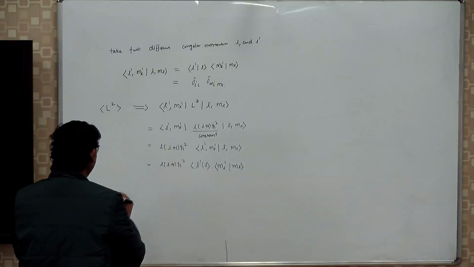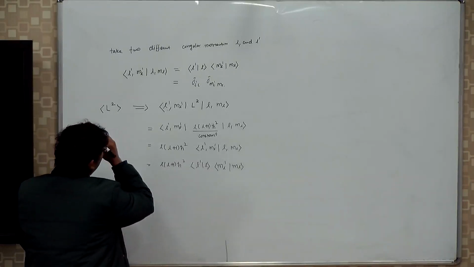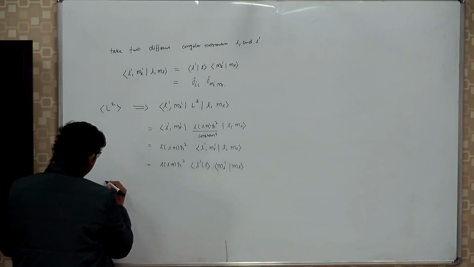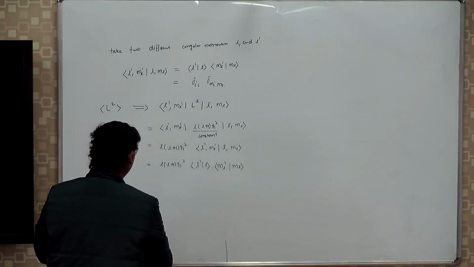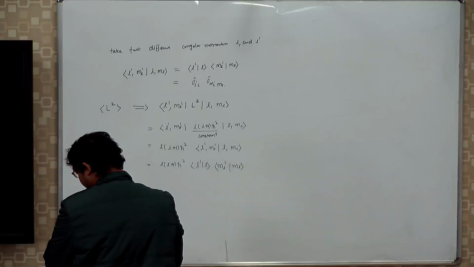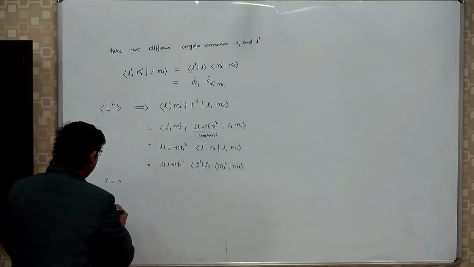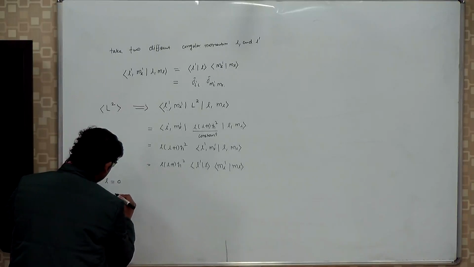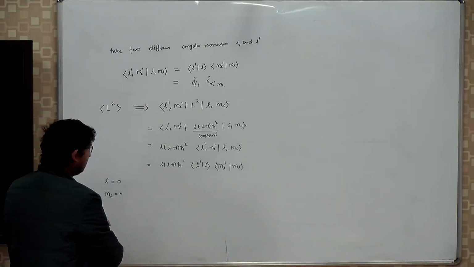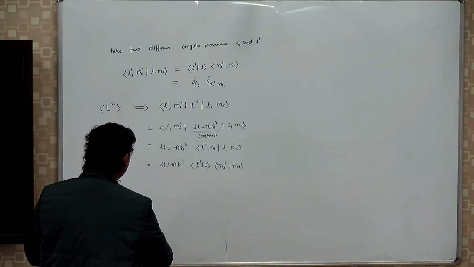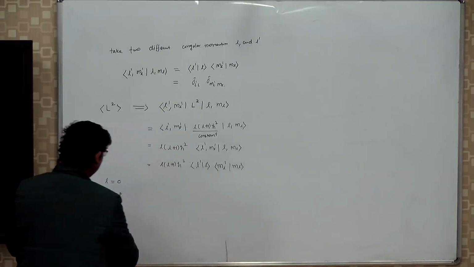Suppose the value of orbital angular momentum L is 0, then the magnetic quantum number M L is also 0. Then the dimension of this matrix is 0.